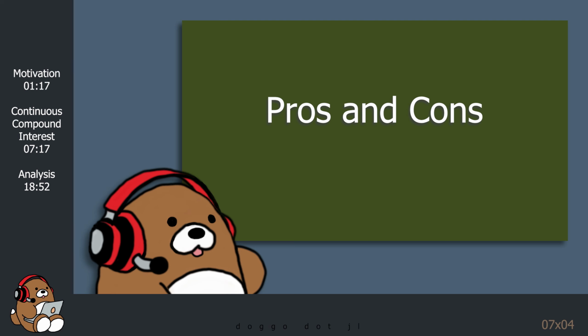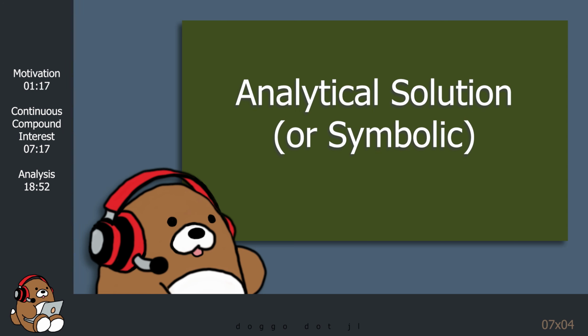But there are some pros and cons to consider when comparing solutions to differential equations solved by hand or solved with a computer. A solution to a differential equation solved by hand is called an analytical or symbolic solution. Analytical solutions are more accurate, but it's not always possible to find an analytical solution.